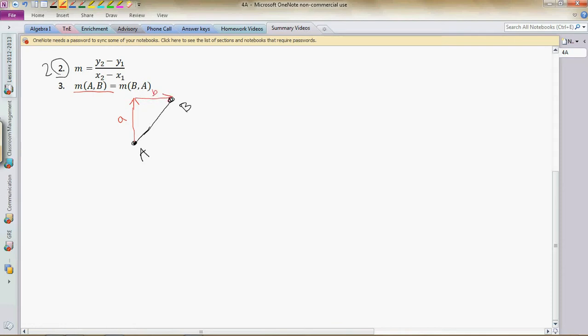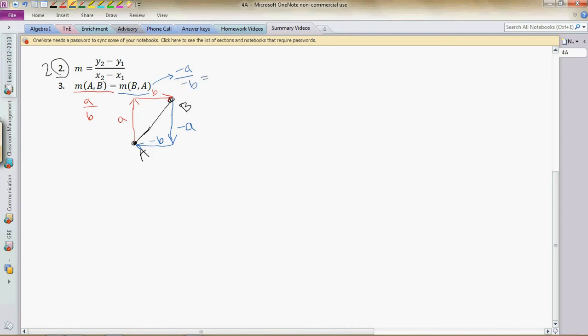Therefore, the slope between A and B is rise over run, which is A over B. However, if you're talking about the slope between B and A, then we start from point B. You go down the same space, which is A spaces, so we use a negative sign. And then you go to the left, which is the opposite of B, so we use negative B. Therefore, the slope between B and A will be negative A over negative B.